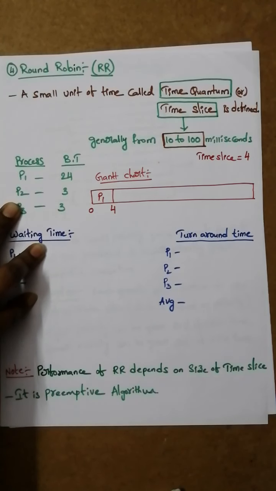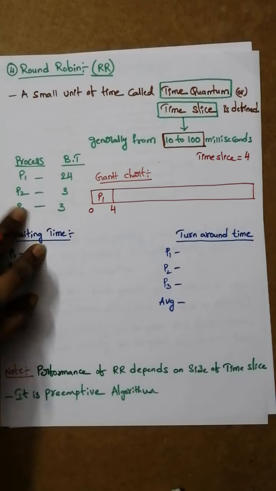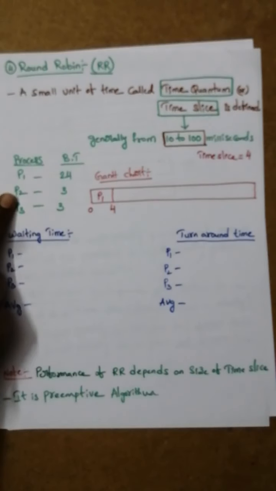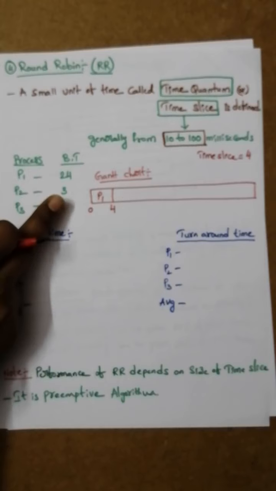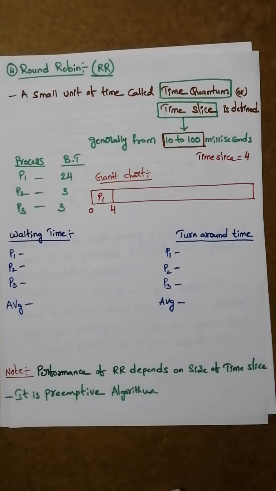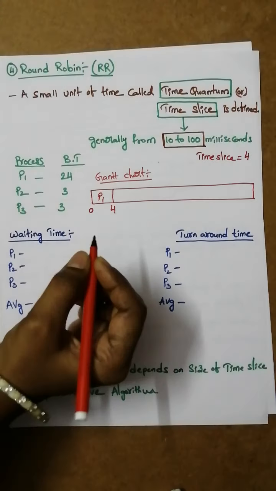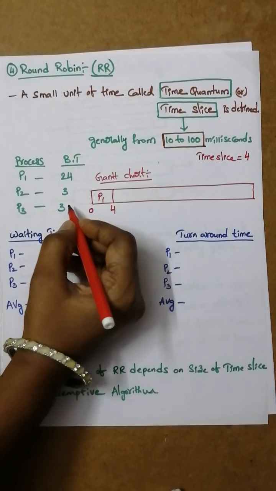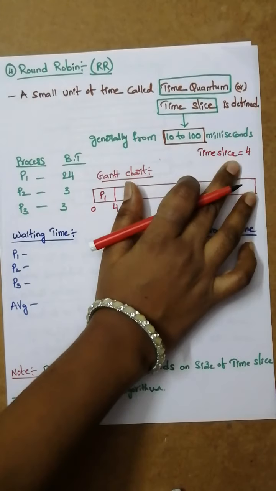Now P2 will take the CPU and it should utilize it for 4 milliseconds. But if you observe, the execution time of P2 is only 3, which is less than the time slice. Then it will just utilize the amount of time that it needs instead of utilizing the whole time slice.